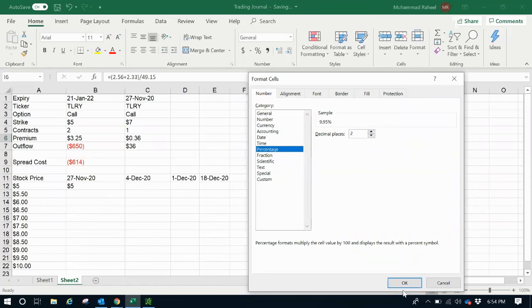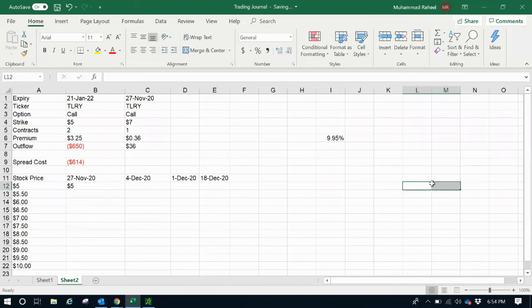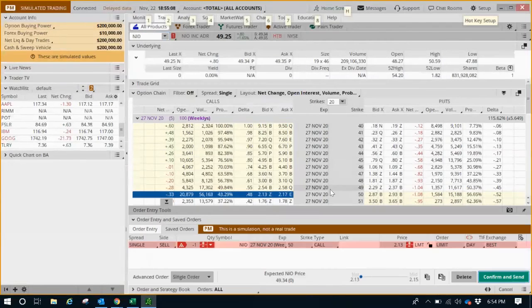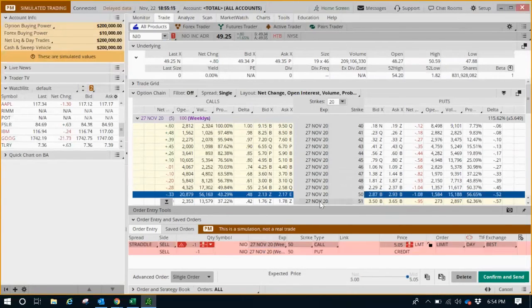Now, the market thinks a 10% move is in 3.5 days of market time, right? I am tempted to actually do this now. If I think this is not gonna move that much, I'm gonna sell these, the 49.